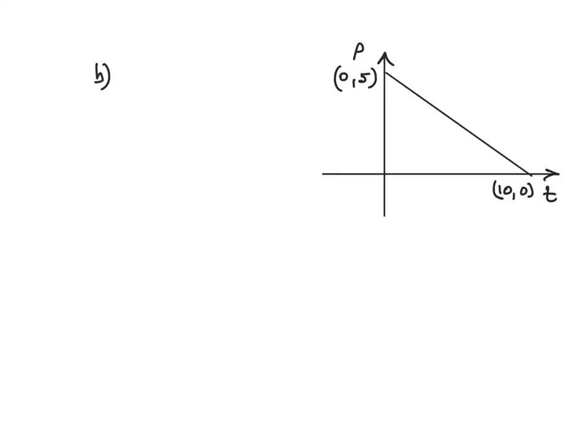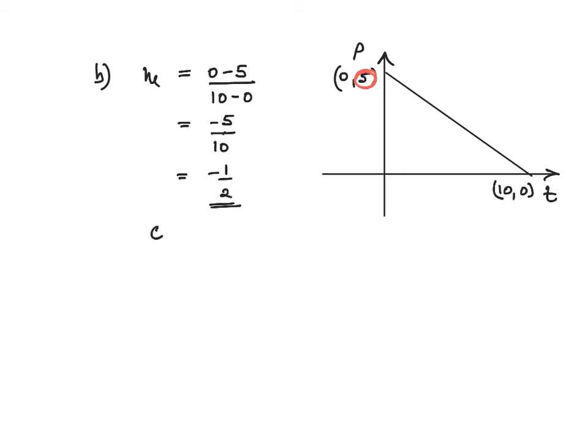So we'll work out the gradient of this line. I'm not going to write down the formula. y2 minus y1, so I'm going to have 0 take away 5, 10 take away 0. That gives me minus 5 over 10, which is minus 1/2. I'm sure you can see the line is sloping down, and so the gradient is negative. Here is the y-intercept.